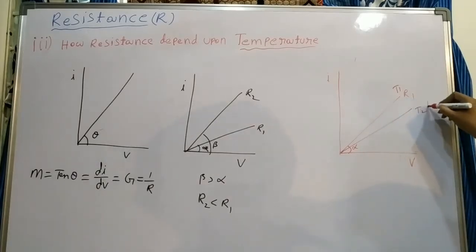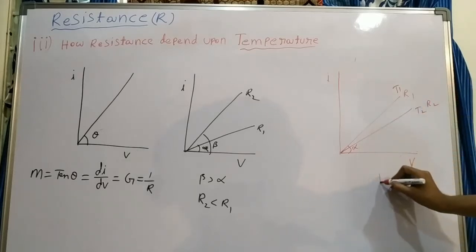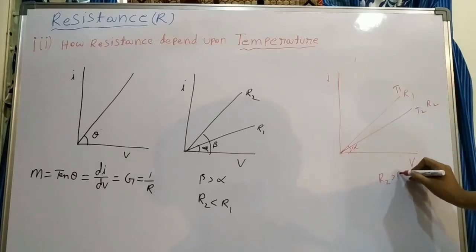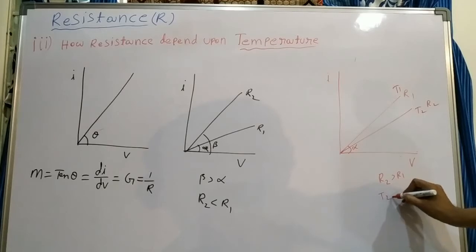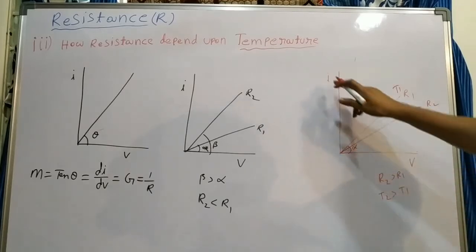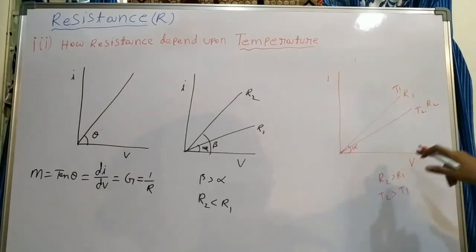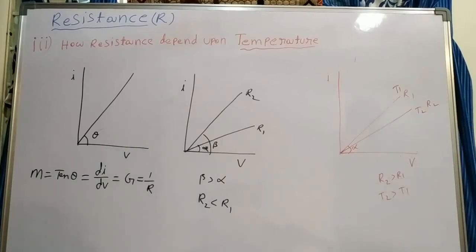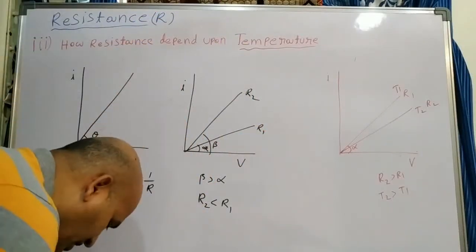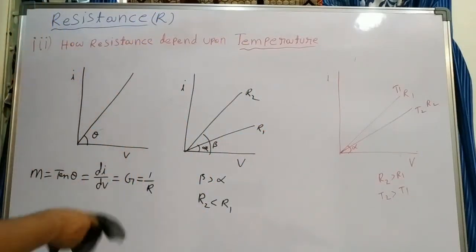This is R1 and this is R2. From this you can say R2 is greater than R1, then T2 is greater than T1. If they give V and I instead, then we get the reverse case here.